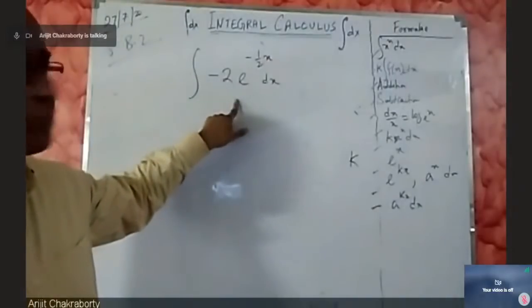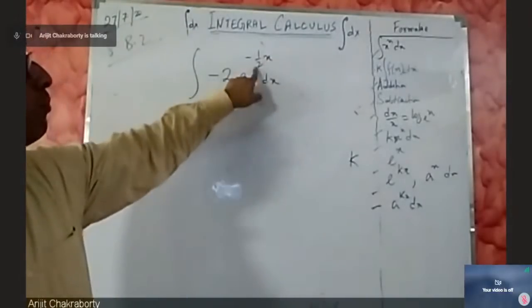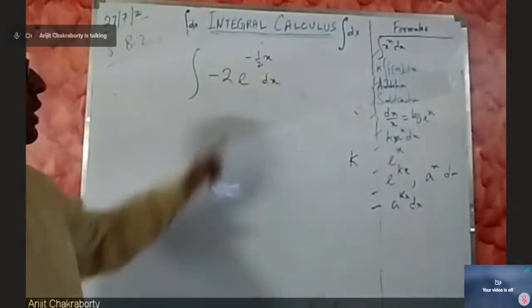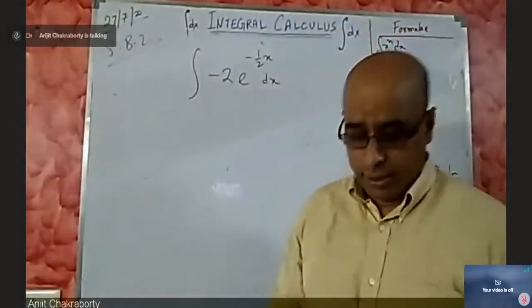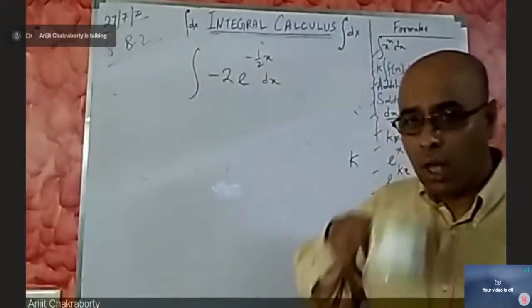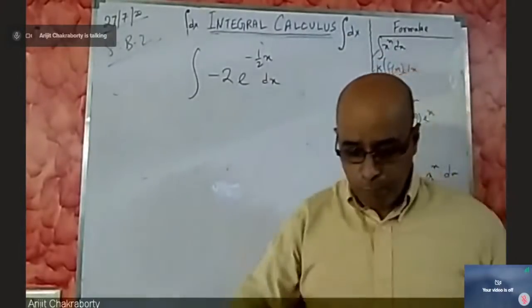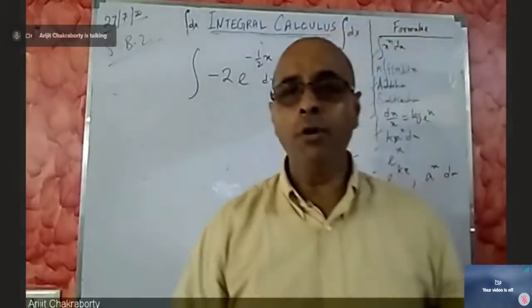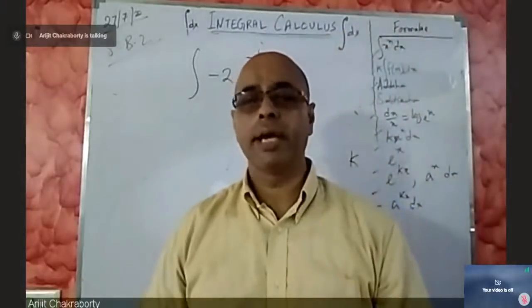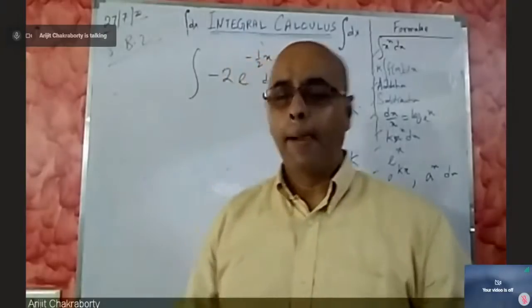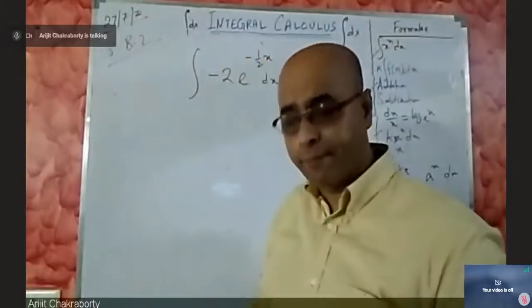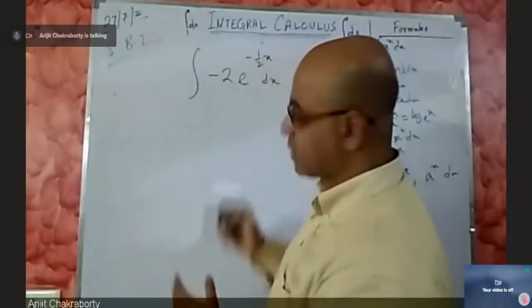Minus 2 into e to the power minus half x dx. So how to simplify this? How do we break it up further? This is very complicated looking. So what we do is, first let's simplify.